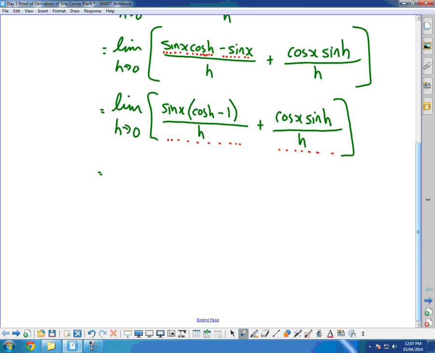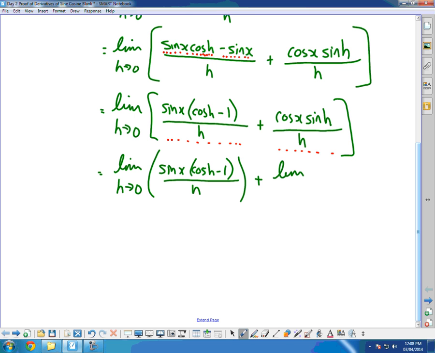That's what I'm going to do on this line. So it's the limit as h approaches 0 of sine x times cos h minus 1, all over h, plus the limit as h approaches 0 of the second thing, which is cos x sine h over h.